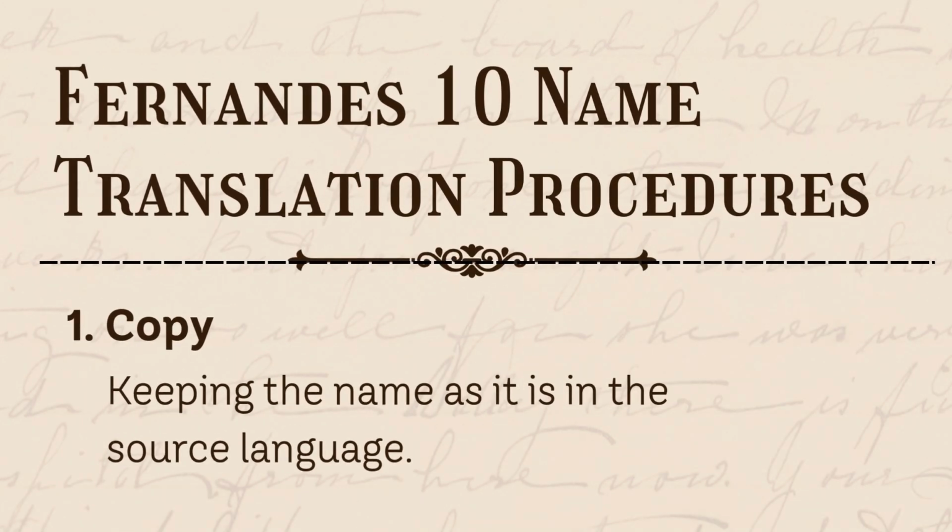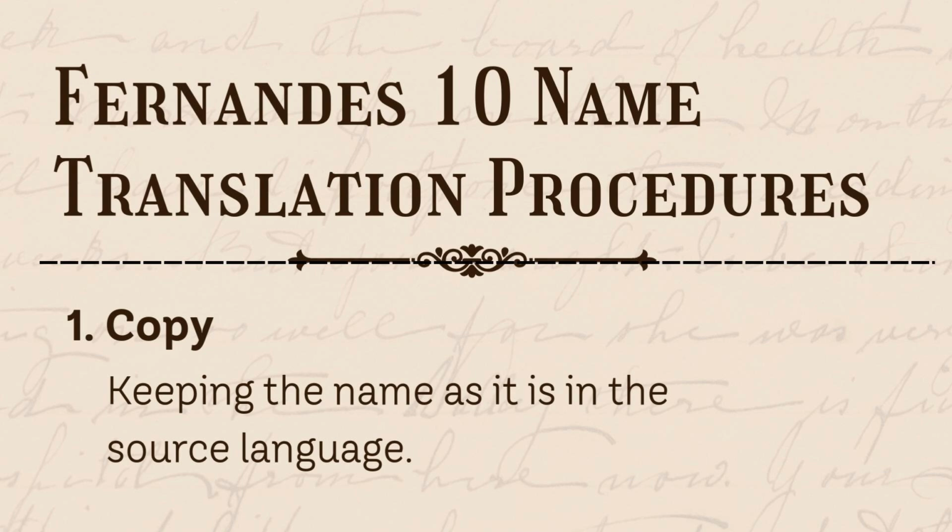The theory of translating names according to Lincoln Fernandez focuses on children's literature, particularly fantasy. Fernandez states that names are not just labels, but can also carry semantic meaning, cultural semiotics, and distinctive sound symbolism.